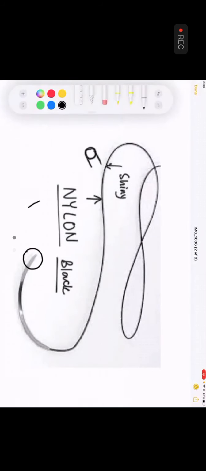It looks like a triangle. Cutting or reverse cutting? Reverse. See, the apex of the triangle is this way, so this is reverse cutting. A cutting will look like this. A reverse cutting will look like this.